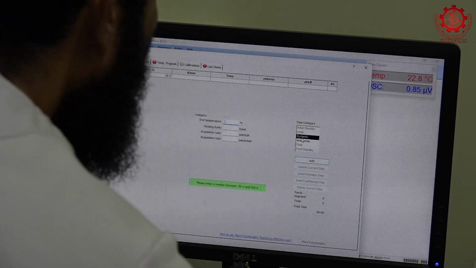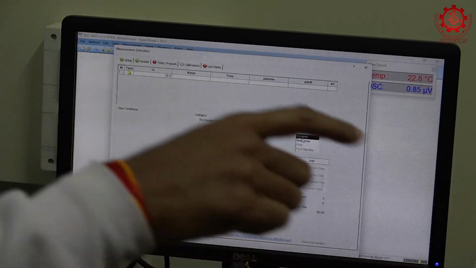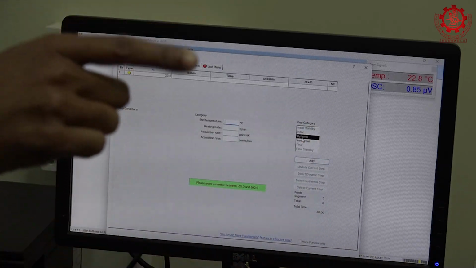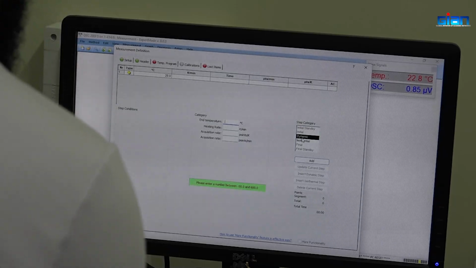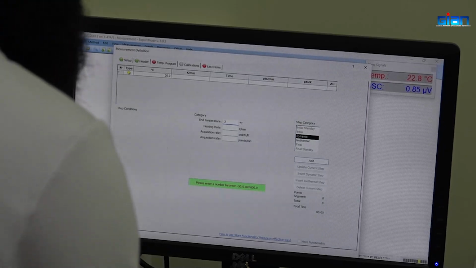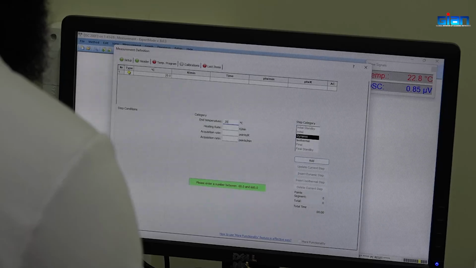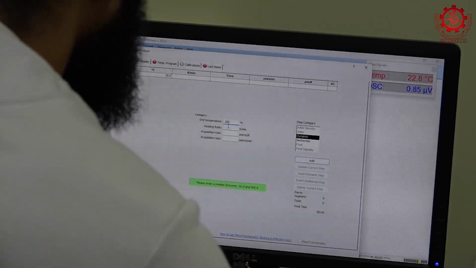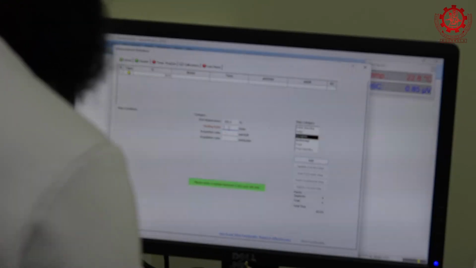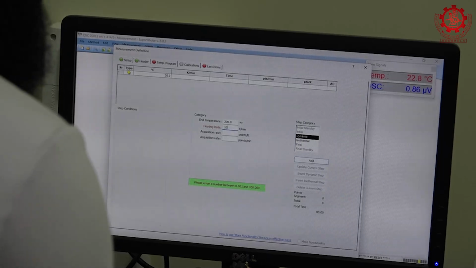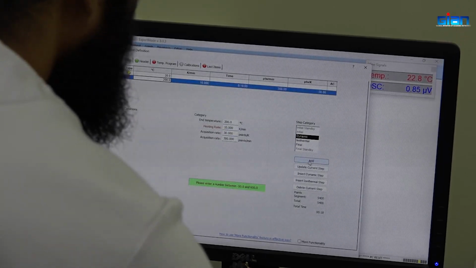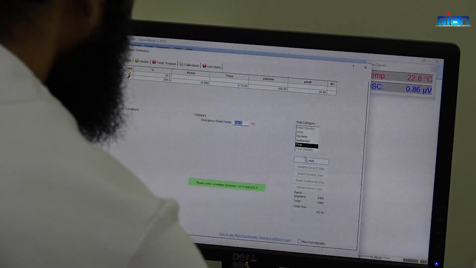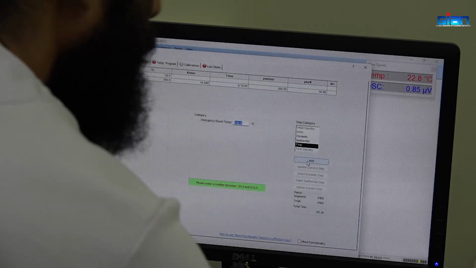Then dynamic is nothing but your temperature will increase or decrease with respect to time. Here the end temperature will be 200. Here we will set the heating rate. Your heating rate will be 10. Only heating.